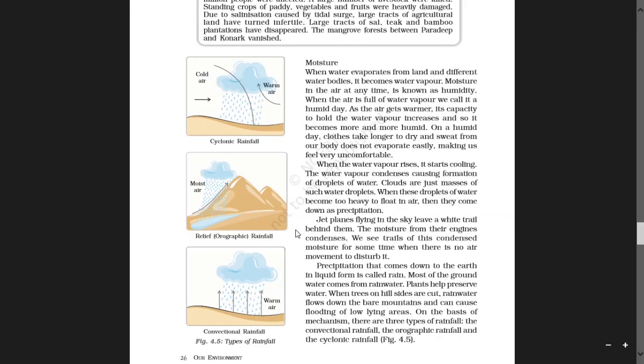Precipitation may be rain, snow, sleet, or hail, etc. Jet planes flying in the sky leave a white trail behind them. The moisture from their engines condenses. We see trails of this condensed moisture for some time when there is no air movement to disturb it.